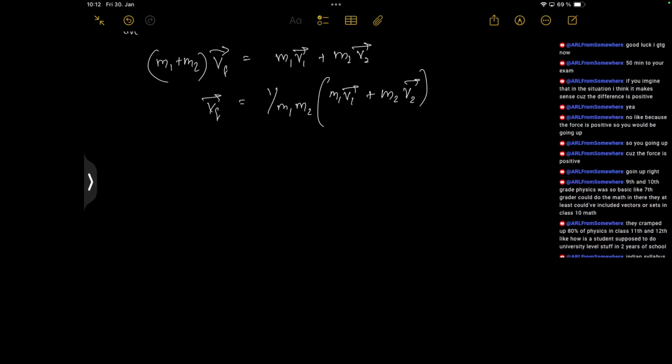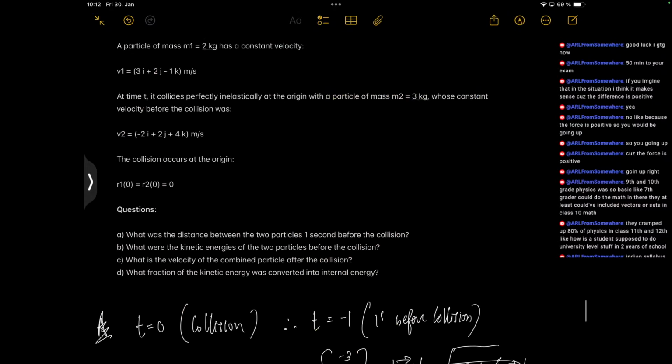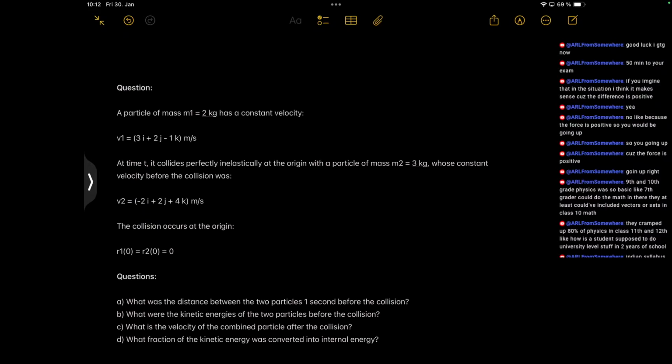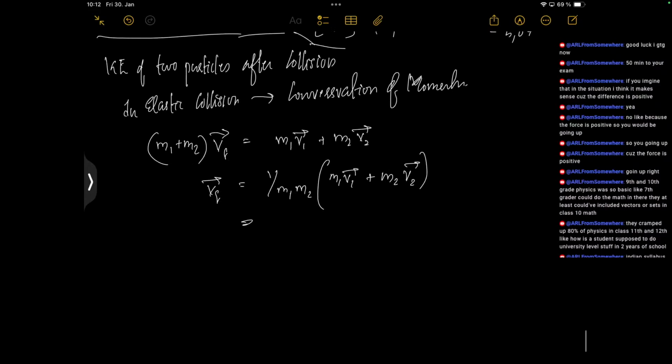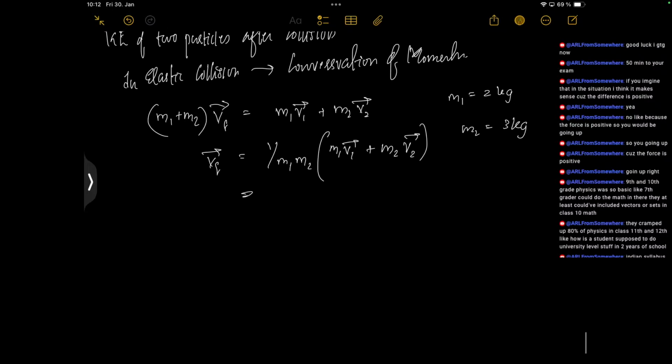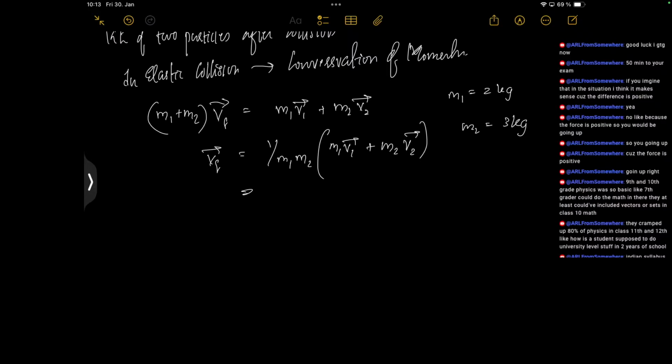So 2 and 3. Can I look at the screen and write?